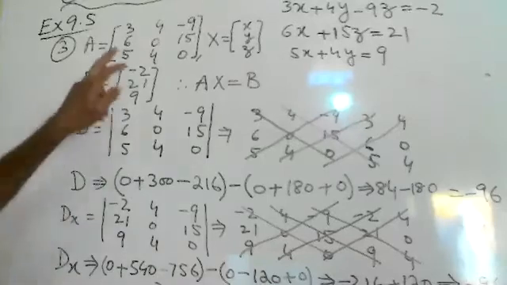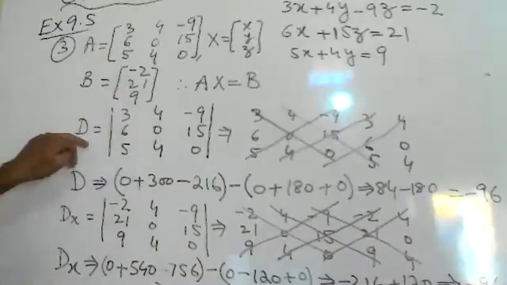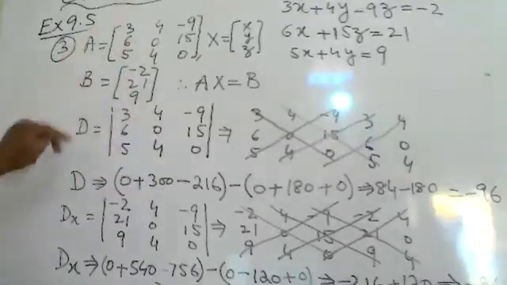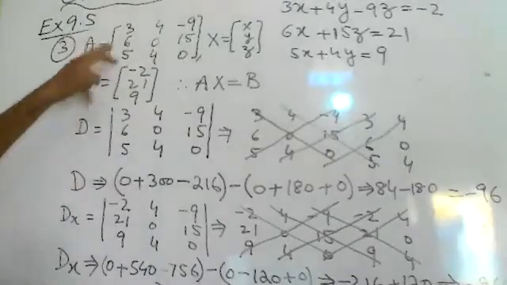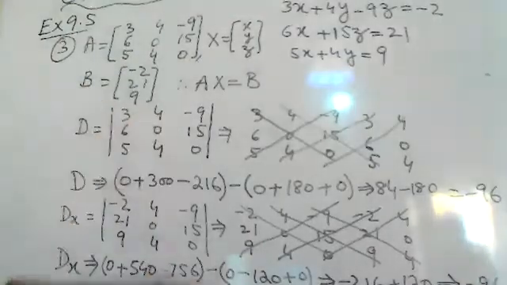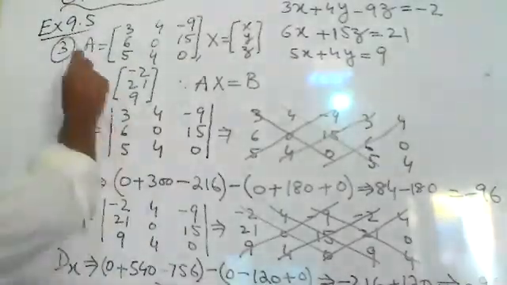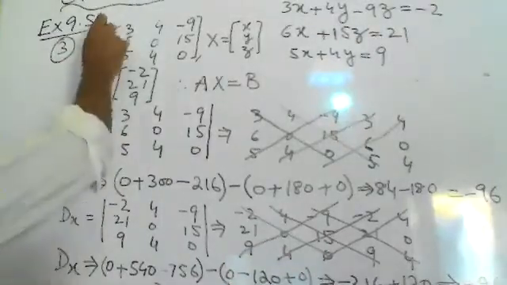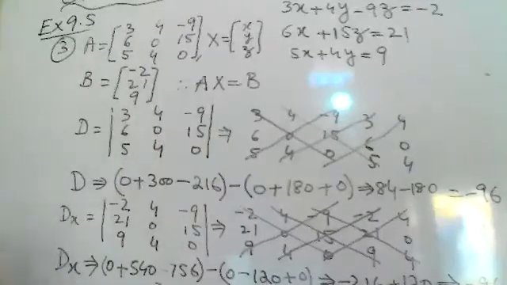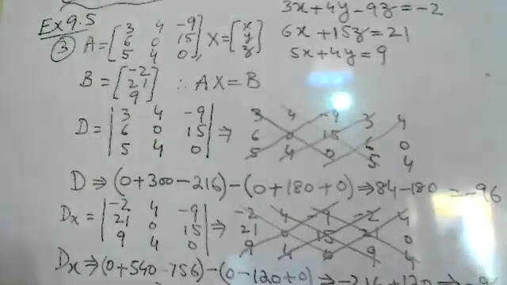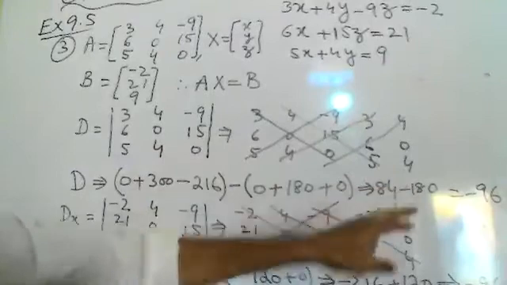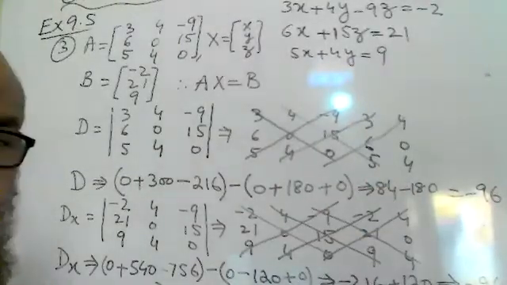So we convert into D, the determinant of the matrix A. The brackets are removed and converted into vertical lines. So now it is determinant D. We evaluated this and the answer is minus 96. This is the value of D.